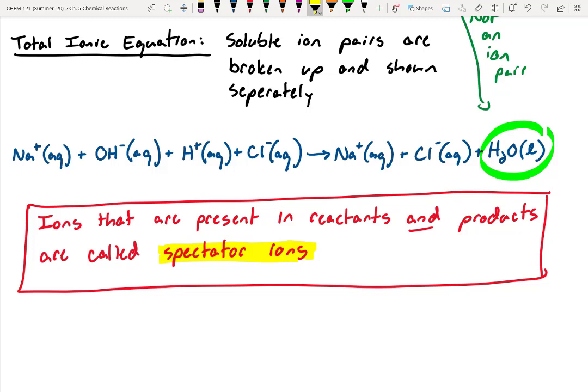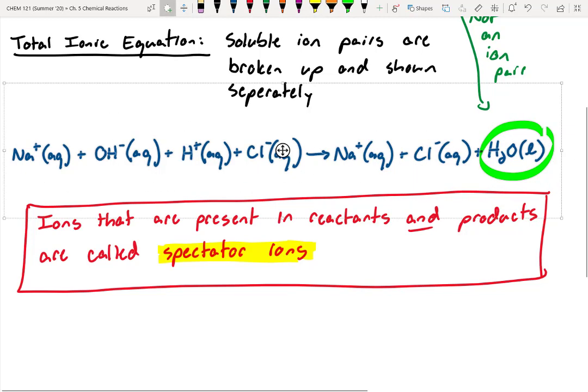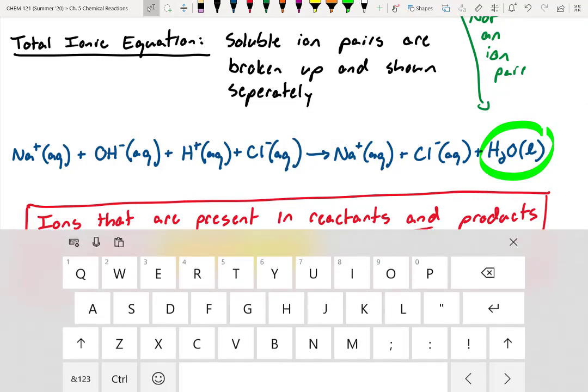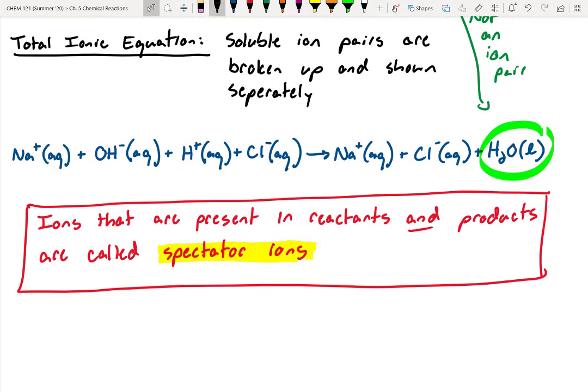Okay, so let's go ahead and use the magic of this. I'm going to just copy this because we're going to use this a little later. And this leads me to my next point, the net ionic equation.